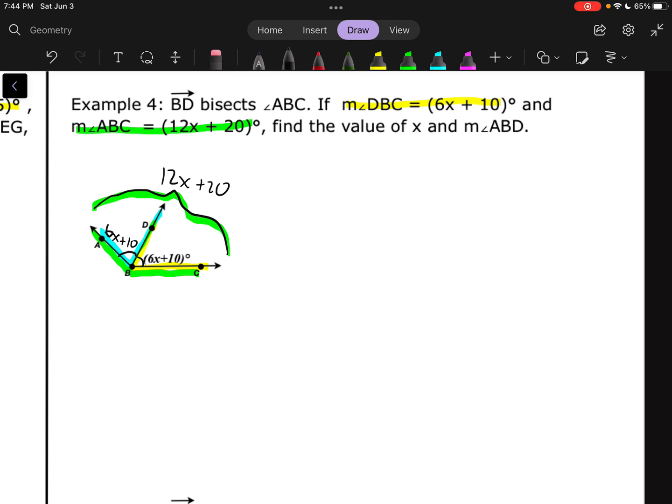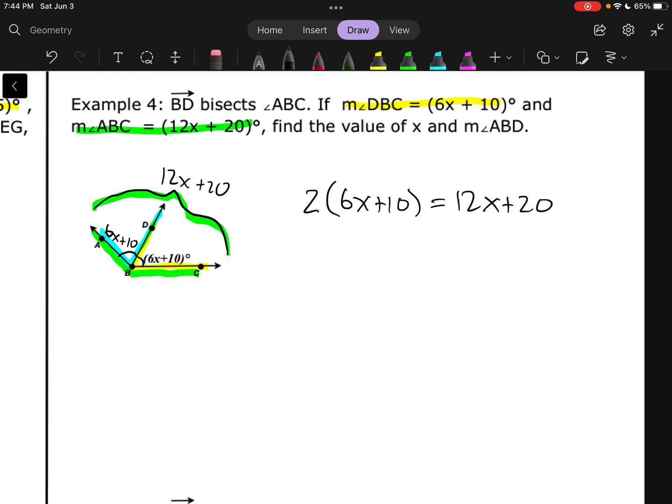So with that in mind, you know what we can do? We could say that it's going to take 2 of those 6x plus 10s to be equal to a 12x plus 20. We could also write it out like an angle addition postulate problem by doing 6x plus 10 plus 6x plus 10 equals 12x plus 20. That's the same thing that I just wrote.